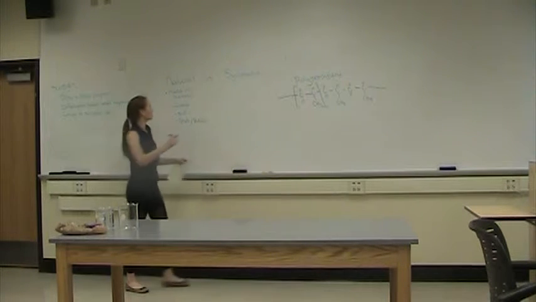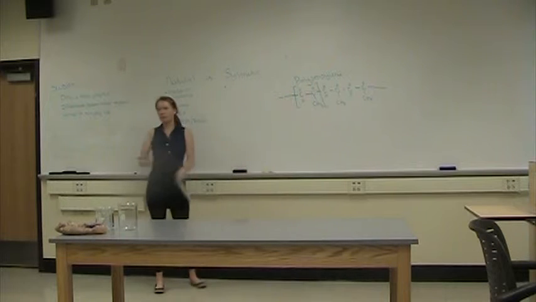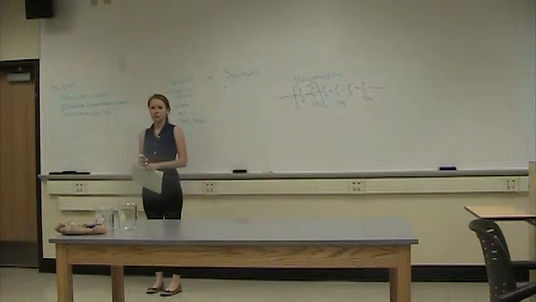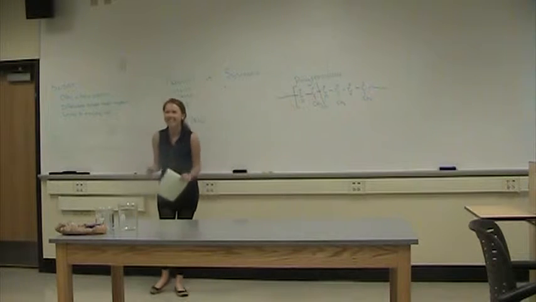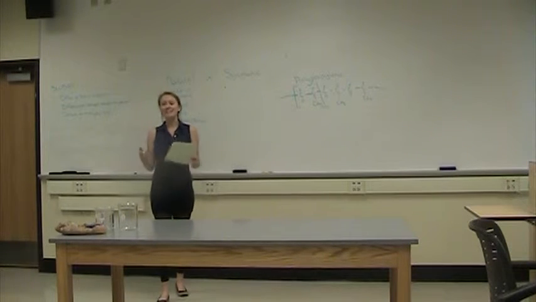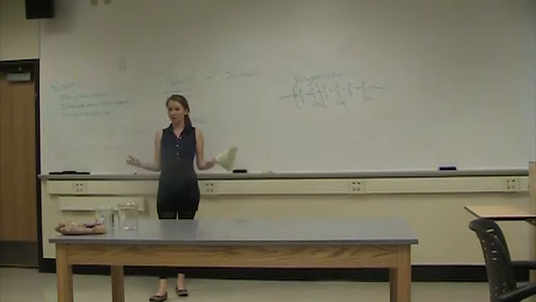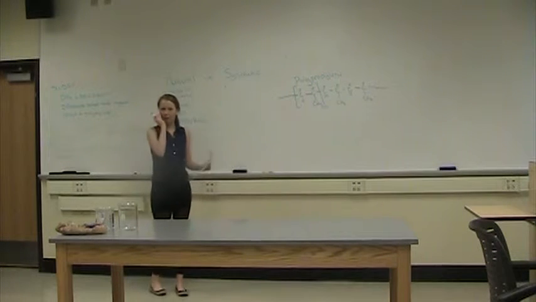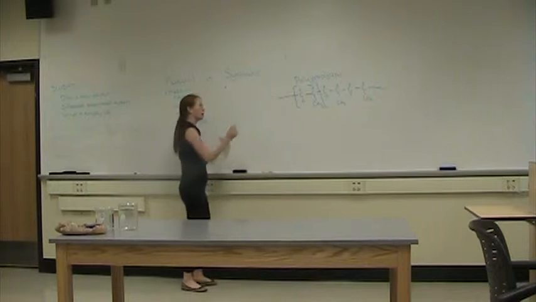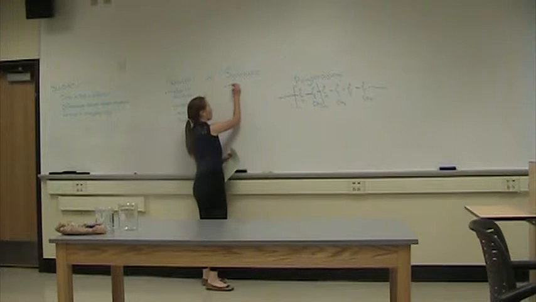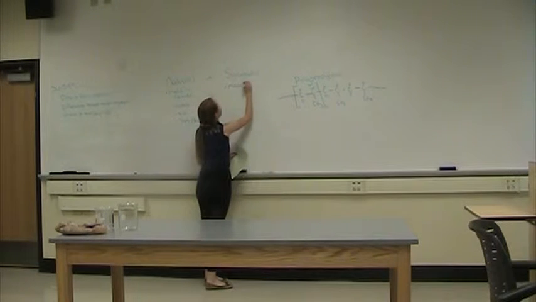Okay, so now synthetic. How do we think synthetic ones are made? No. Okay, synthetic would be made by a man or a person. Okay, but what type of person do you think would make a synthetic polymer? Scientist. Or mad scientist. Yes.